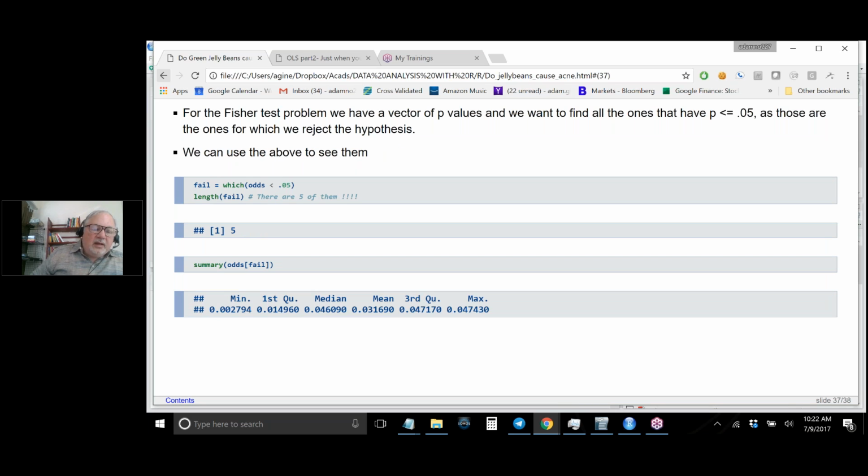So if I go to odds, I can say fail is which odds less than 0.05. Remember, odds was the odds of these two samples of coin flips being the same.